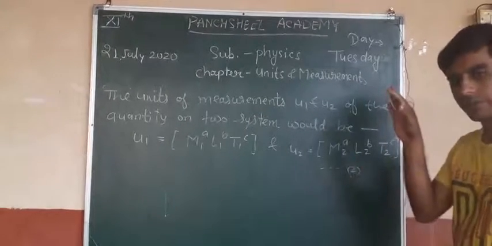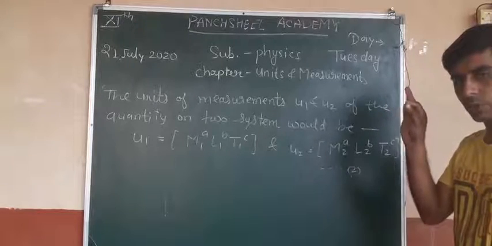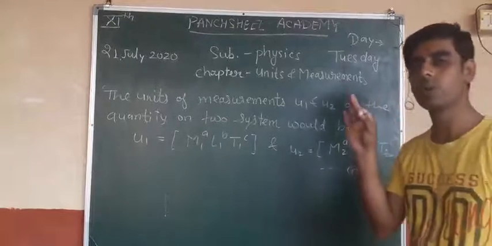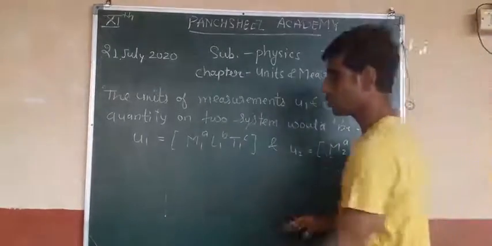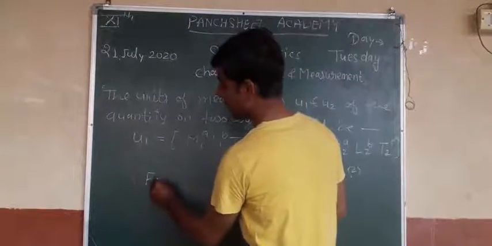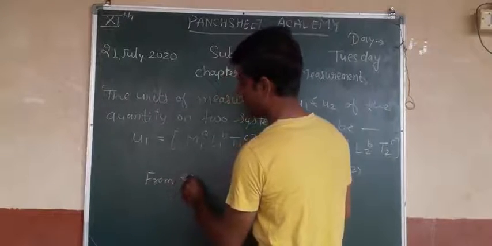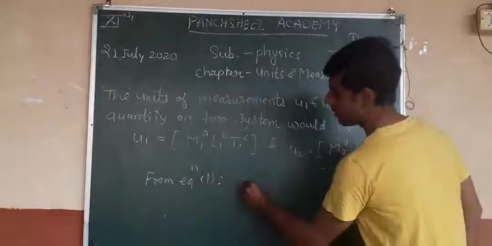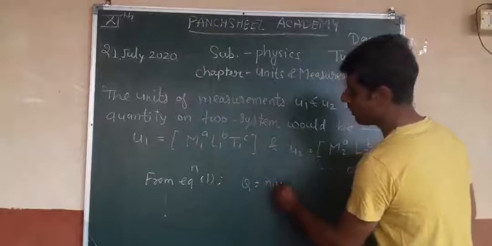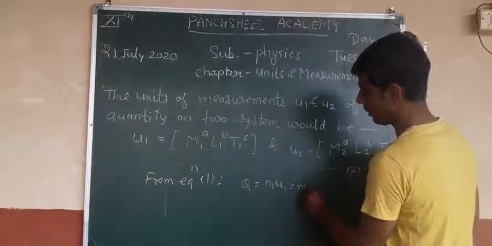So the first equation is q equal to n1 u1 equal to n2 u2, and this is the second equation.